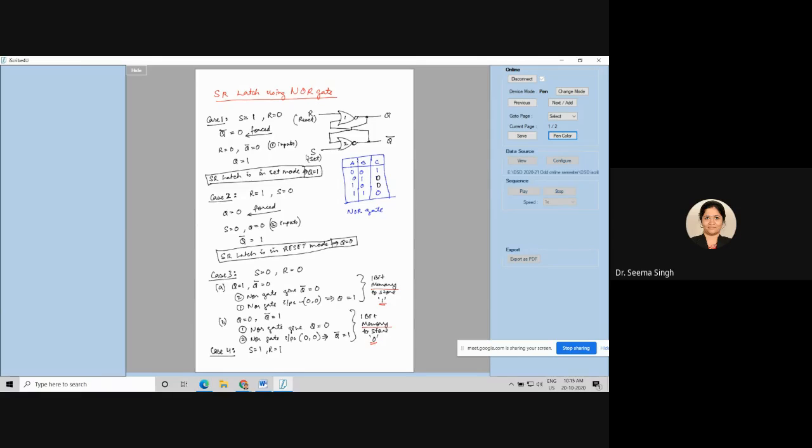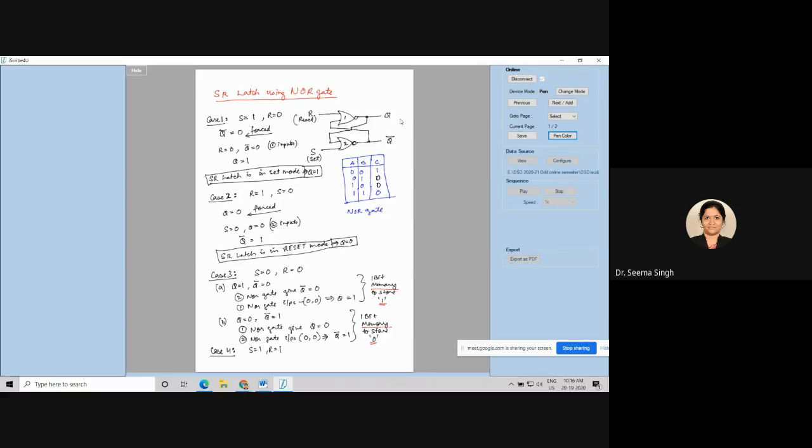So both the NOR gates will force the output to become 0, and both will be giving 0 as the feedback. But your q and q bar should be complement of each other, as the circuit says.